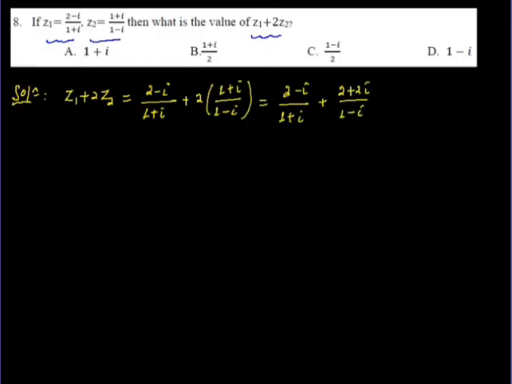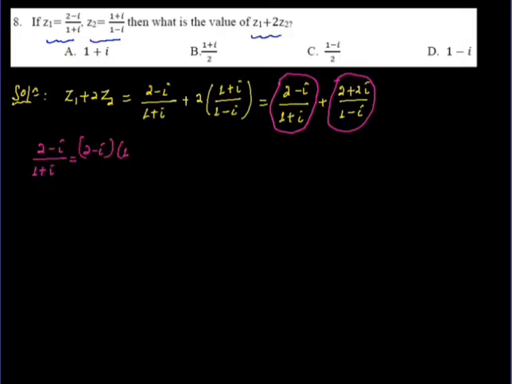Now we have to take each of them separately. We need to simplify. We need to take the simplified form for each of them separately. So when we take (2 minus i) over (1 plus i), the simplified form of this one is (2 minus i) times (1 minus i) over (1 plus i) times (1 minus i).